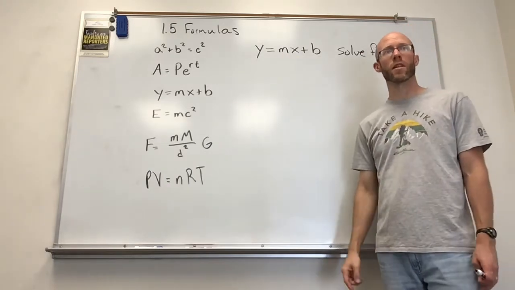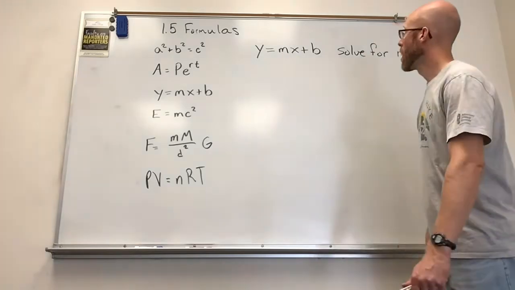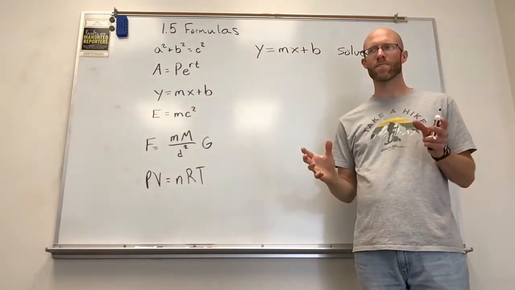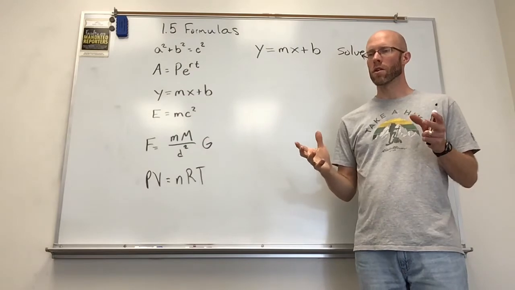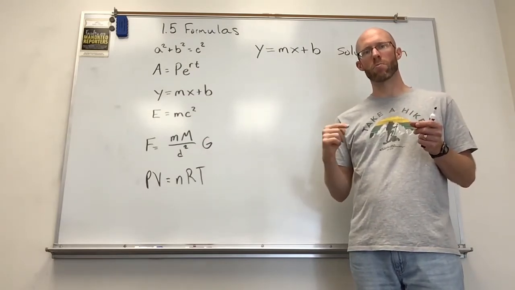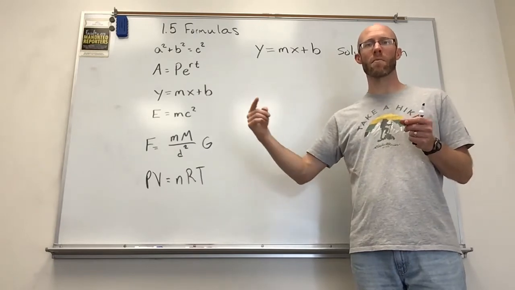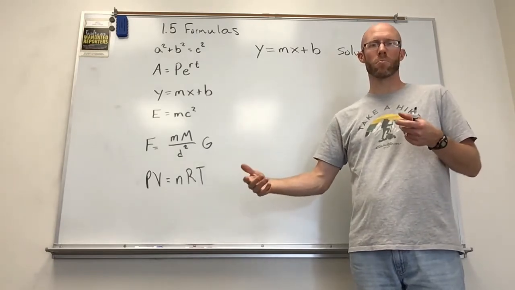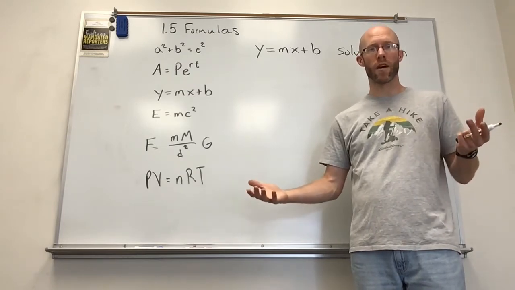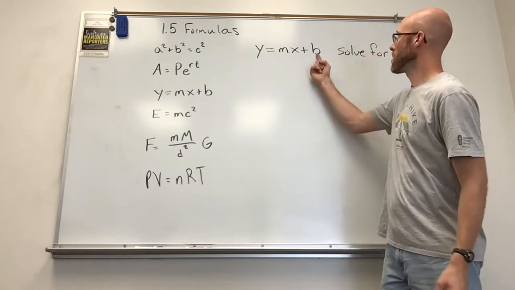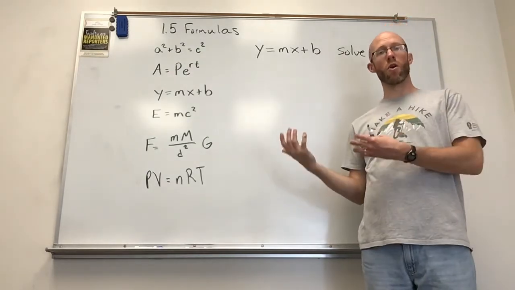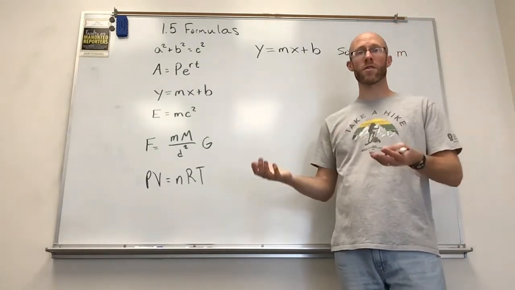Now, a key idea for this is to remember that variables are treated exactly the same as numbers. In fact, variables are numbers. They're just numbers that we don't know the value of yet. B and x and m and y, they're all just numbers we don't know, but they behave the same as numbers.